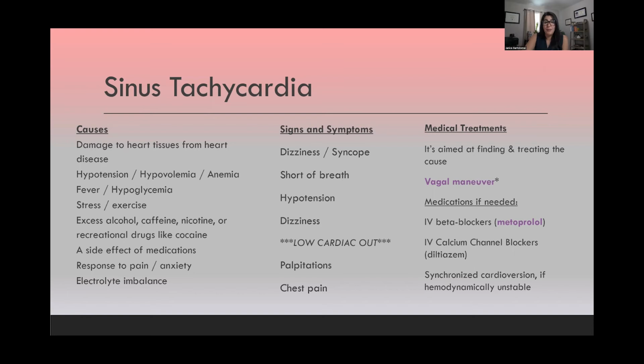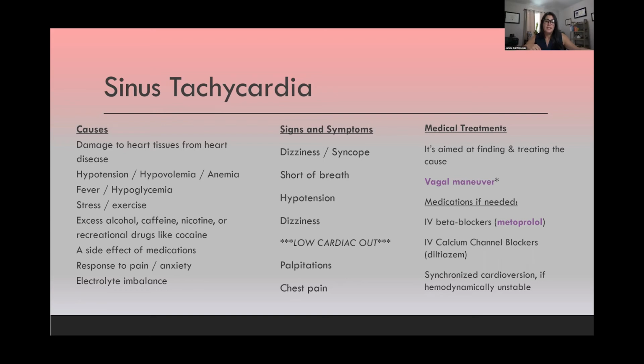For example, anemia. On my anemia or blood disorder video, I said that anemia can cause tachycardia. Or maybe this is because you had a Red Bull and now you're full of caffeine and you're excited, or maybe you're doing drugs. So these could be results, could be expected for some individuals.